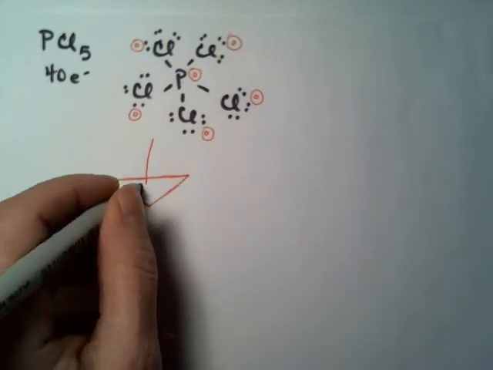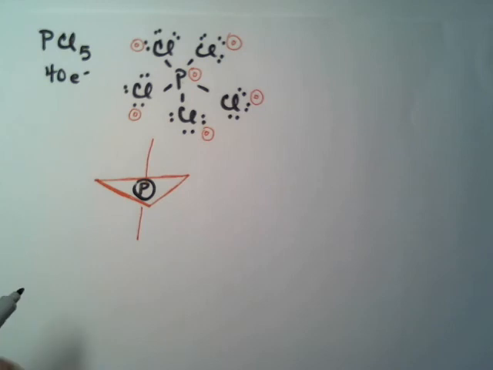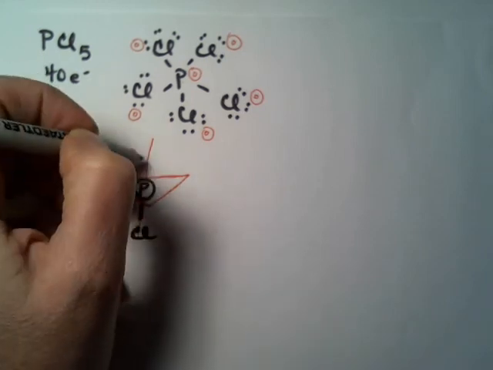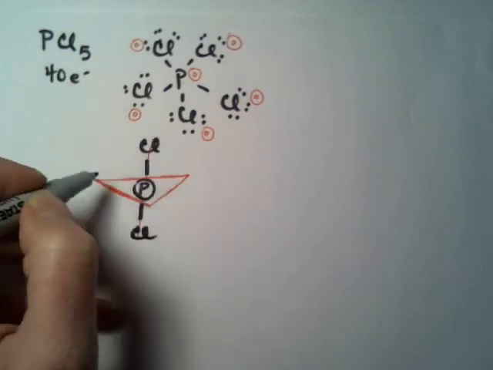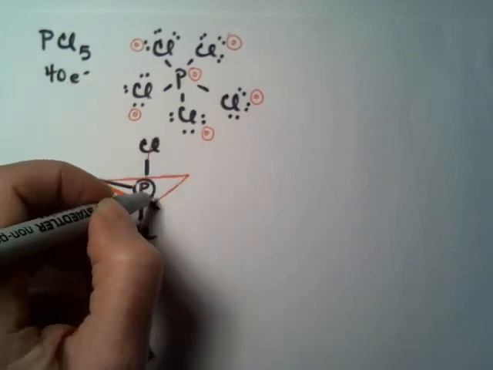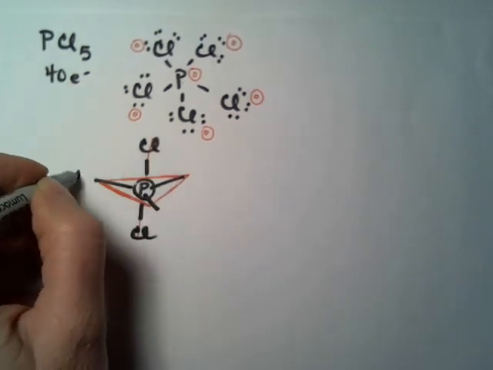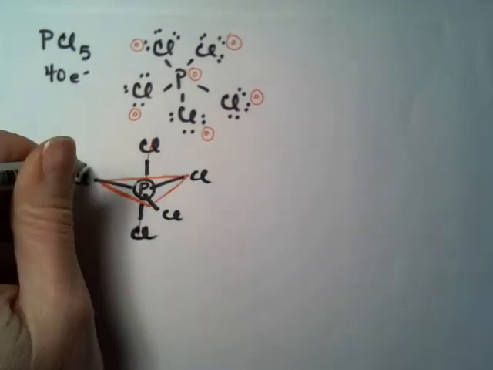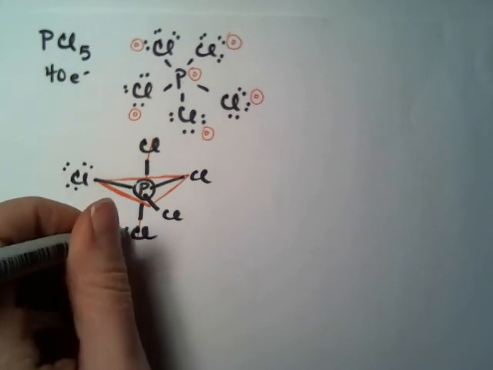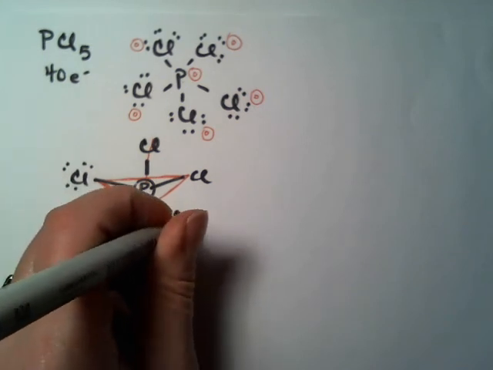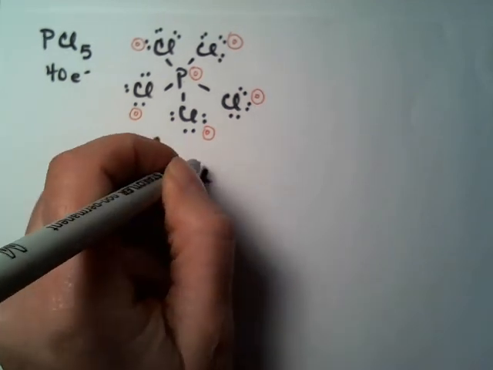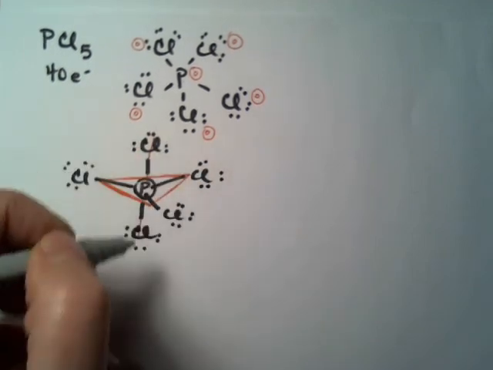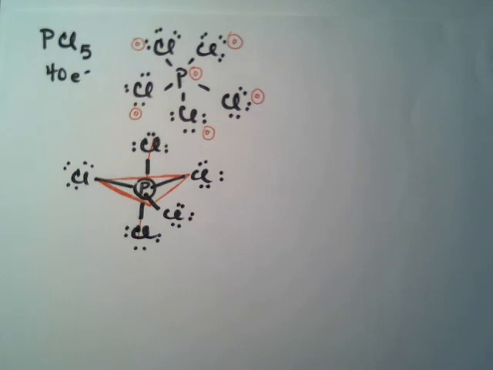So I'm going to put my phosphorus in the center, and then this line here is a bond to chlorine, and a bond up to chlorine, and then a bond out this way, and this way to chlorine, chlorine, and chlorine. And then we want to add our lone pairs. So I see that I have a chlorine in each of my plane positions, and one up and one down.